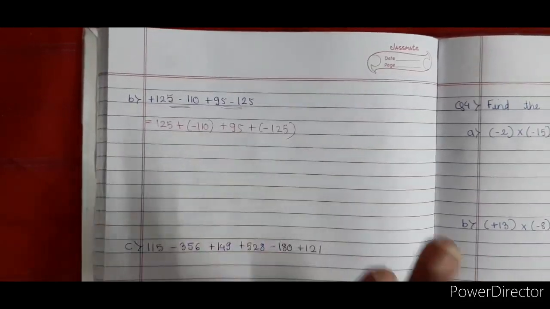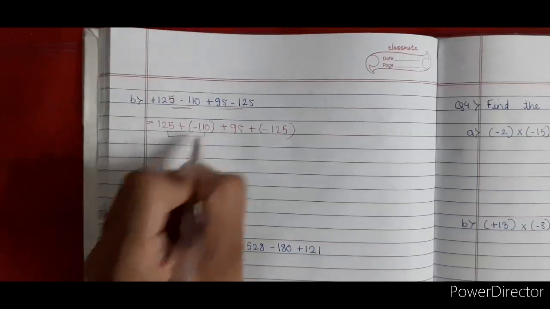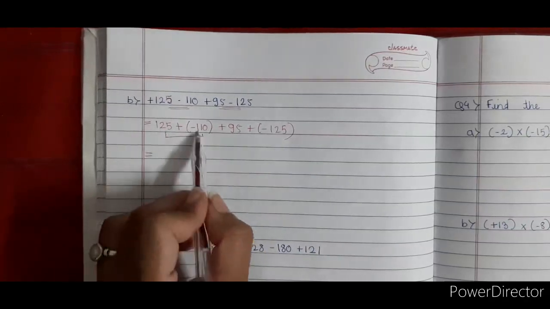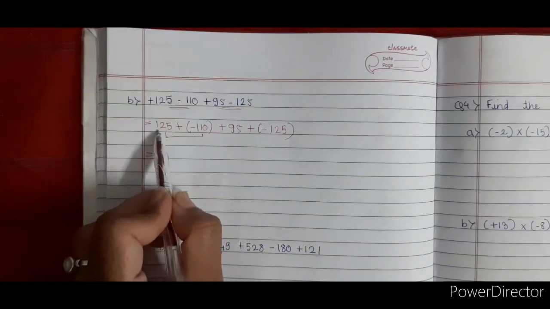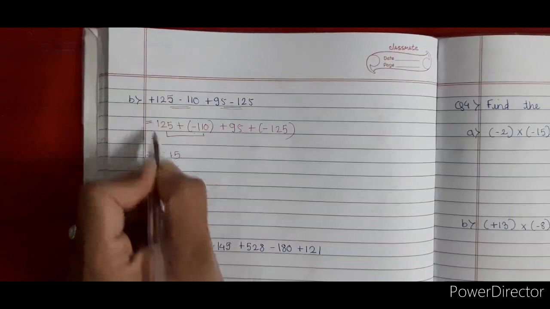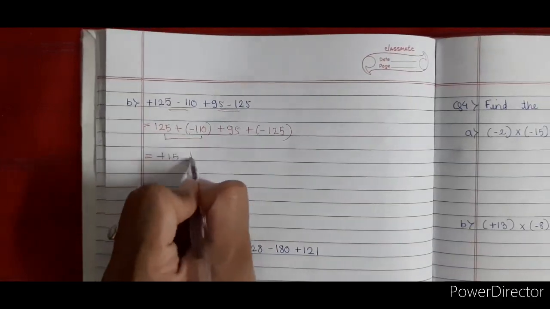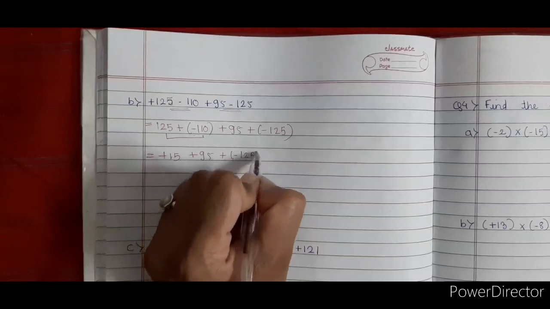Now I can add them. I'll take 2 at a time. So 2 numbers. Both the numbers have different signs, so I'll subtract them. 125 minus 110, it is 15, and the answer will be plus. Write the remaining terms as it is.